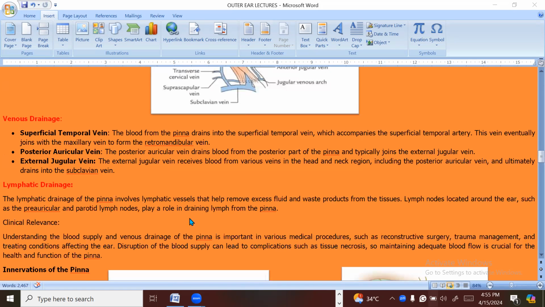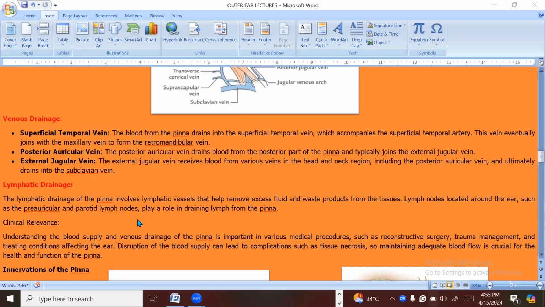So when these lymphatic vessels drain this excess fluid, it is through the lymphatic nodes and their tributaries that it's returned to the right side of the heart. So these lymph nodes located around the ear, such as the periauricular and parotid lymph nodes, play a role in draining lymph from the pinna.